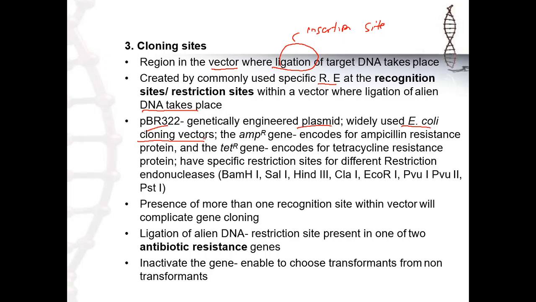That is the ampicillin-resistant gene encodes for ampicillin resistance. And you also have the TR or the tetracycline resistant, no? And have specific restriction sites for different restriction. So, yung mga plasmid na yon, yung engineered plasmid na yon, ito yung plasmid natin. So, itong mga plasmid na to have specific restriction site for different restriction endonuclease.